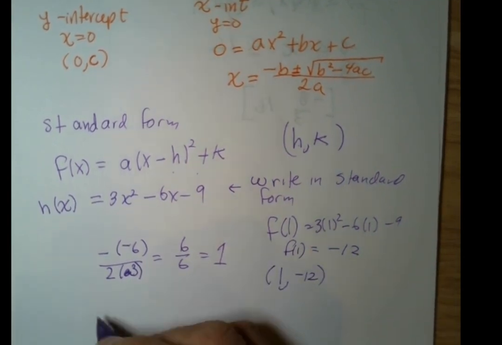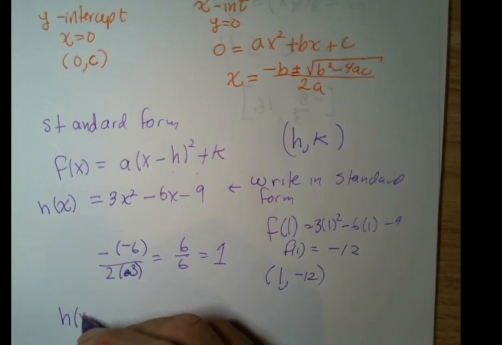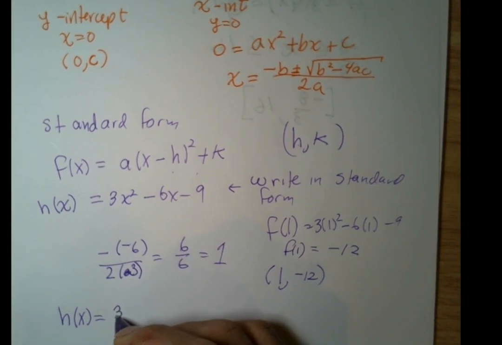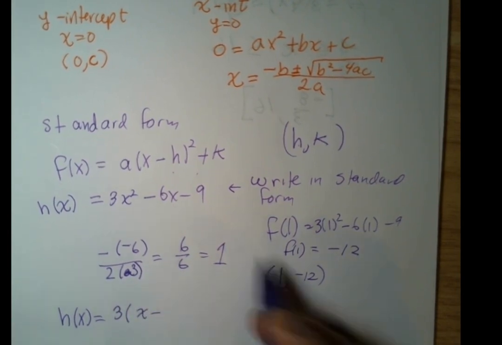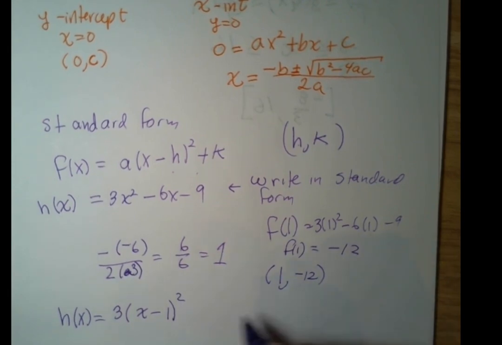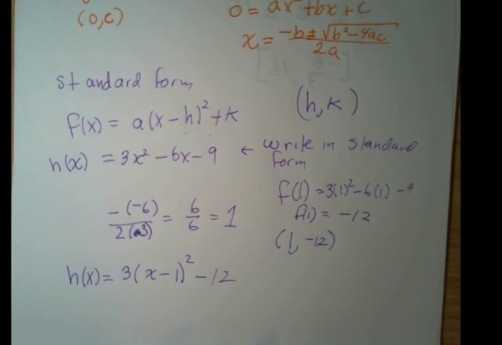Now in terms of rewriting this, a is the same a here. x minus h is x minus 1, squared, and then my last one is minus 12, which stays with the same sign. All right. Okay, now we have it in our standard form.